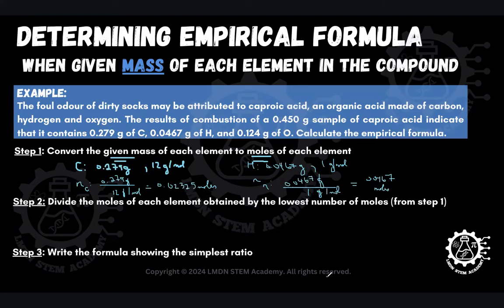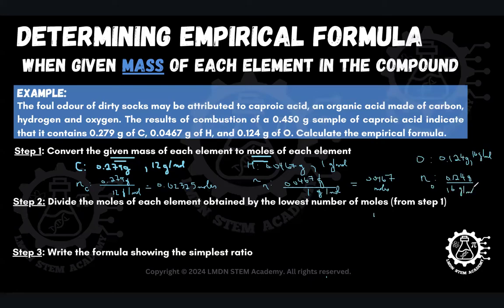For oxygen now, they told us that the mass that we got from combustion was 0.124 grams. We know that the molar mass of oxygen is 16 grams per mole. And so we're going to find the moles of oxygen by dividing the mass that they gave us, 0.124 grams, by its molar mass, 16 grams per mole.